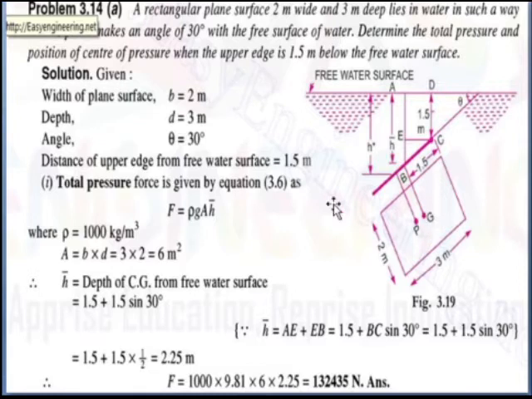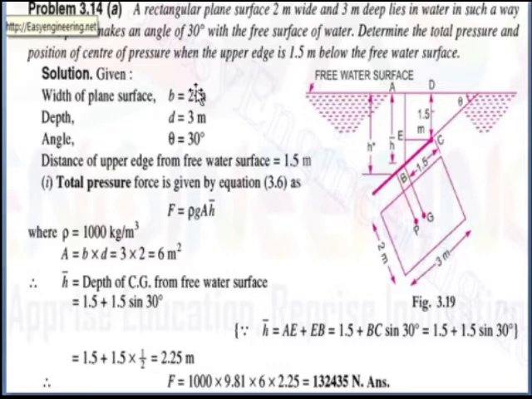A rectangular plane surface 2 meter wide and 3 meter deep lies in water in such a way that it makes an angle of 30 degrees with the free surface of water. Determine the total pressure and the position of the center of pressure when the upper edge is 1.5 meter below the free surface of water.